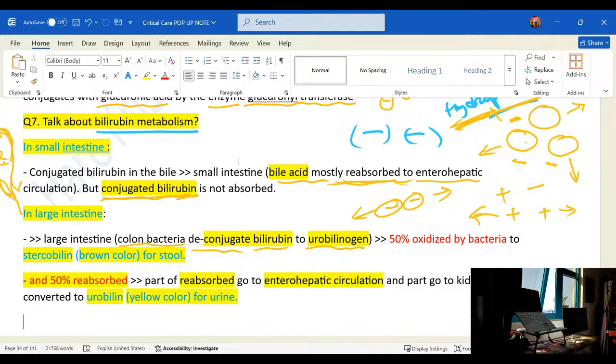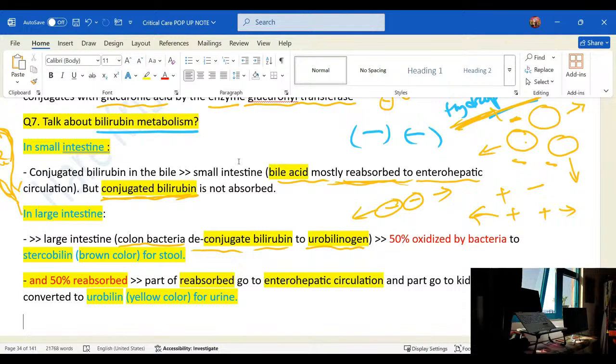It enters the large intestine, where the bacterial flora deconjugate it and form urobilinogen. 50% of the urobilinogen is oxidized by the bacteria. The deconjugation is done by gut flora, and the oxidation is done by bacteria. These are two different things. The oxidation produces stercobilin, which forms the brown color of the stool.